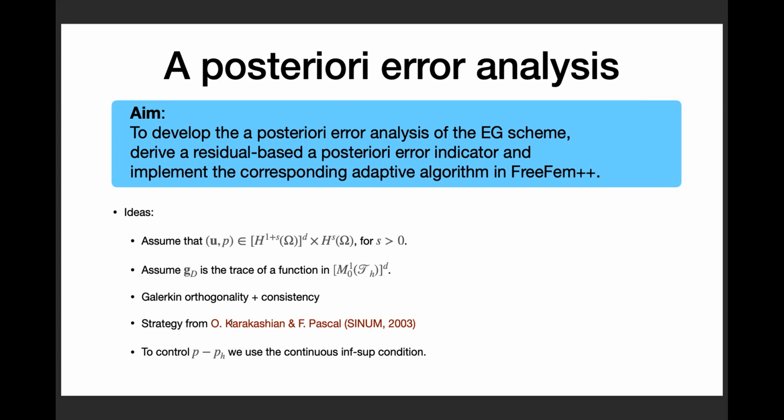We also followed some ideas from Karakashian and Pascal for the discontinuous Galerkin a posteriori error analysis. The approximation of the divergence term is different because in this case we have a different form. And finally, to control the error in the pressure, we use the continuous inf-sup condition. It's important to remark that we don't need the discrete inf-sup condition in the a posteriori error analysis.